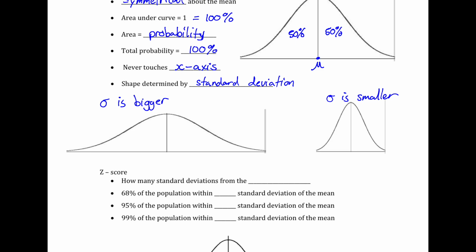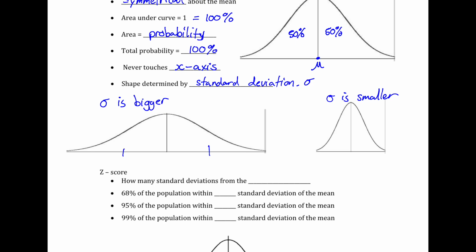So that's our standard deviation, which is this sigma symbol, right? This little circle with a little line on top of it, that means standard deviation. Because standard deviation is a really big word and I don't want to write it. I want to write the one Greek letter that's like that.